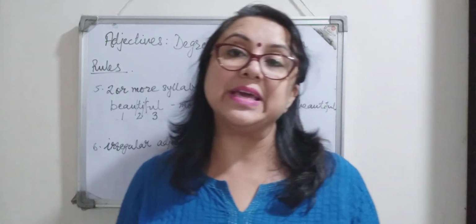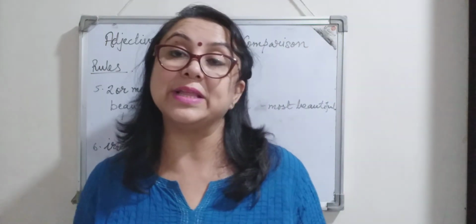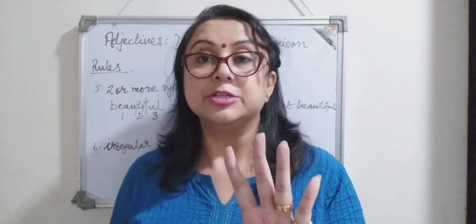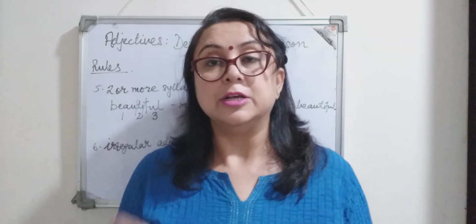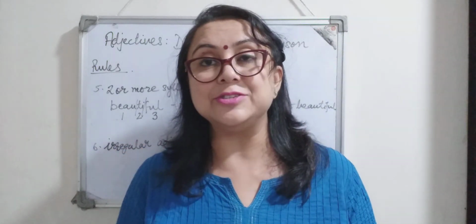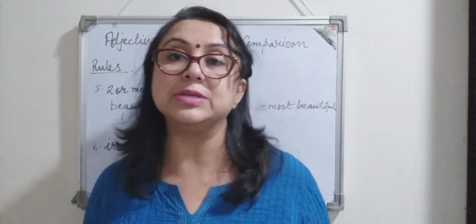Another example we can say intelligent. So intelligent again has more than one syllable. Intelligent. So there are 4 syllables here. So in such case again we will say more intelligent and most intelligent. So I hope this rule is clear.